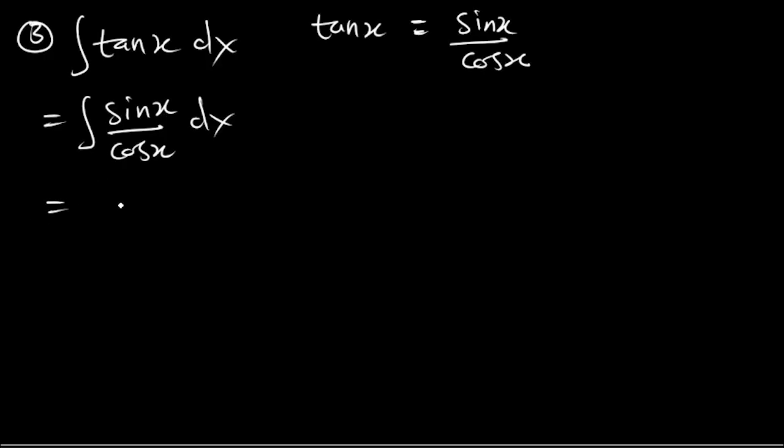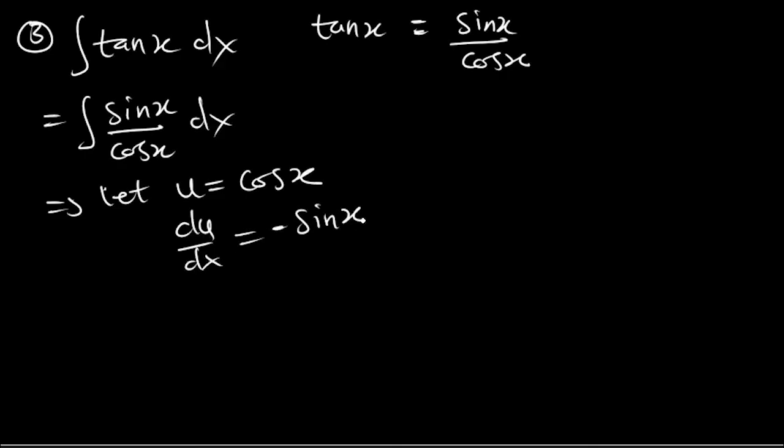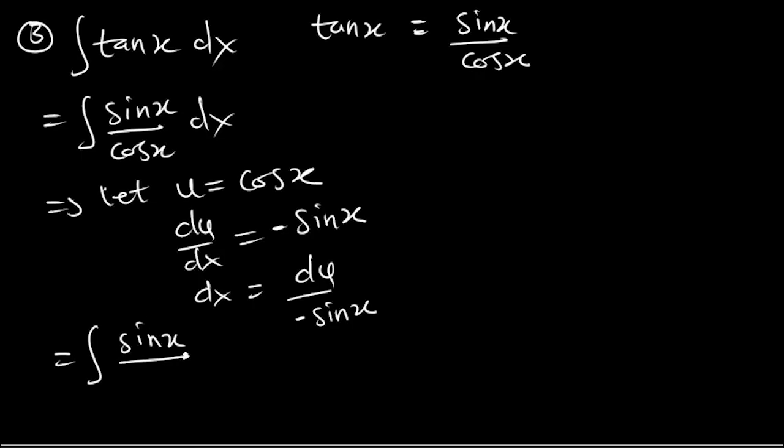Are we okay? So I will let u be equal to cos x. du over dx is going to be negative sine x, and my dx will be du over negative sine x. I'll bring it back here where I'm getting sine x.